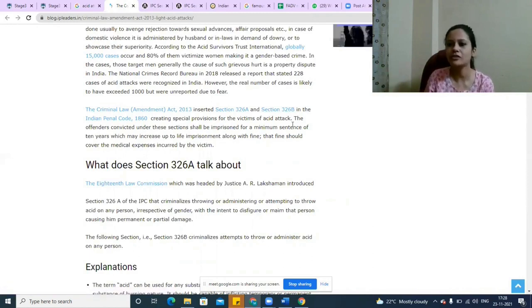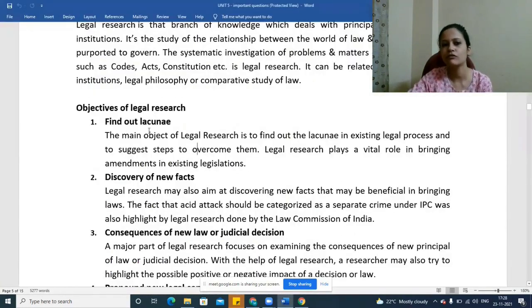Then some obligations were given to different government bodies to generate awareness amongst people relating to these matters. This is nothing but trying to fill the gap, trying to address the problems in an existing legislation. IPC is not enough in dealing with this, so we need to make some changes in IPC.